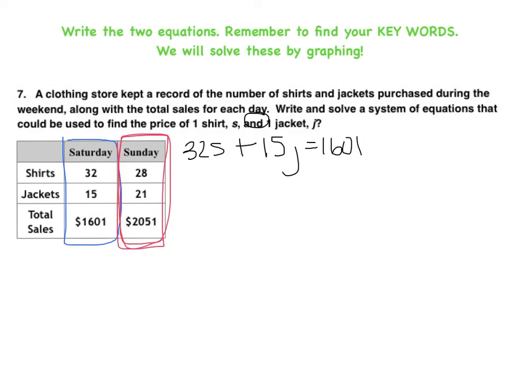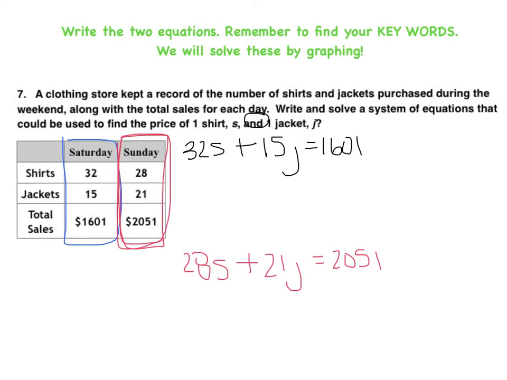Now the second equation, Sunday, the numbers are a little different. I have 28 shirts that I sold and 21 jackets for a total of $2,051.